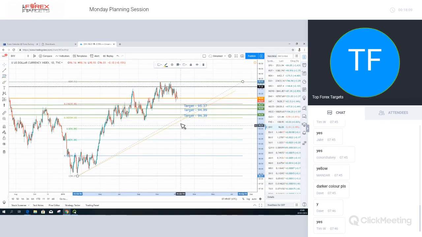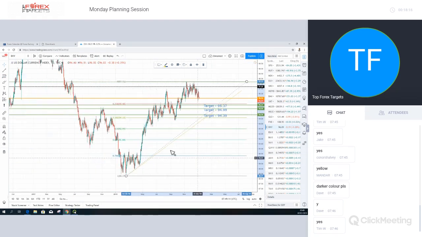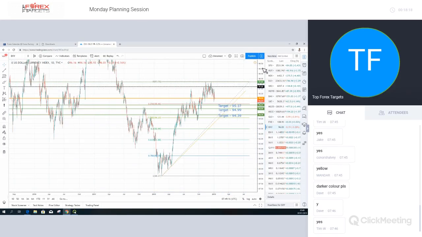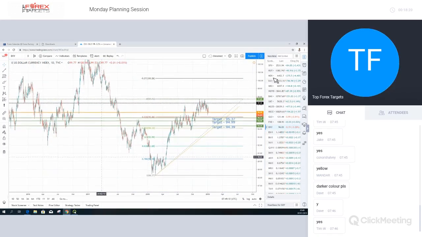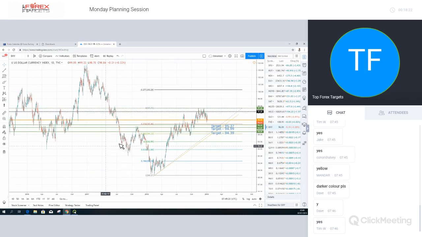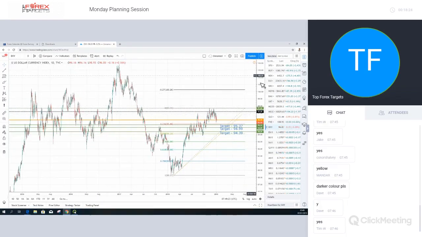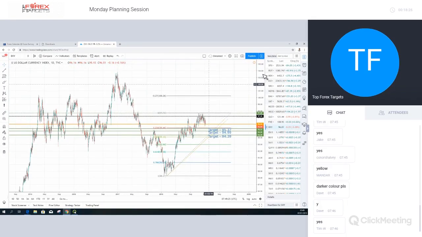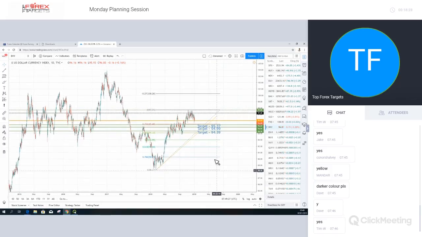That would bring us down to the 382 here. So generally speaking, we would probably be expecting a bigger pullback, possibly down to the 50 or the 618, or even a bit lower.